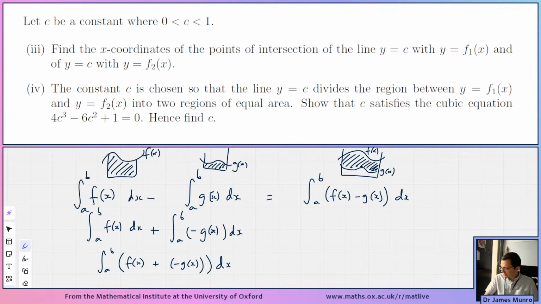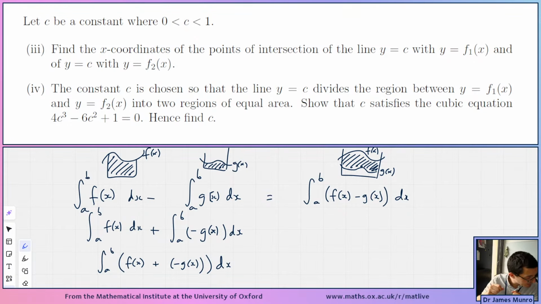And I suppose my plan there is to integrate to find one of the areas and set it equal to half the original area, rather than integrating to find each of them. It says equal areas, so maybe something I might consider is calculating both and setting them equal to each other. That's one thing I could do.